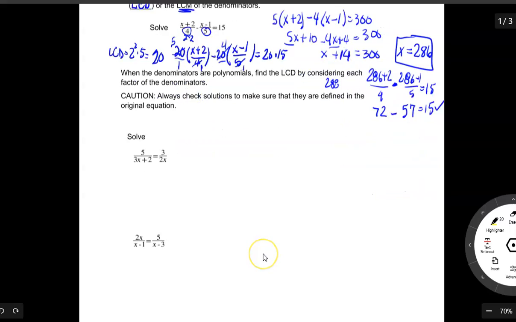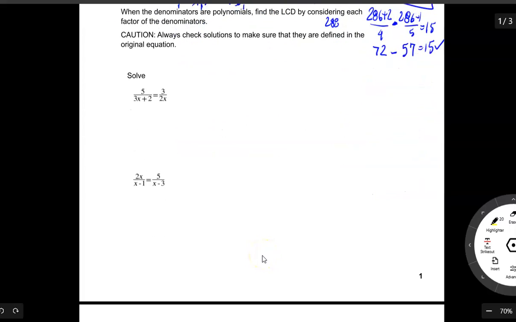Okay, let's do one where we have some polynomials in the denominator. One thing that I posted in this week's lessons is some factoring review. So if you have any fuzziness at all with factoring, that section is just 8 questions. It's optional. It doesn't count toward a grade, but it will definitely help you.